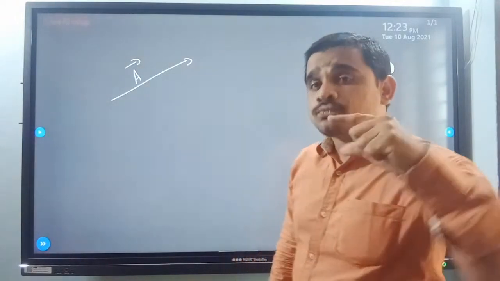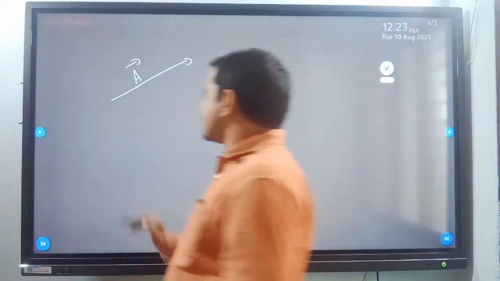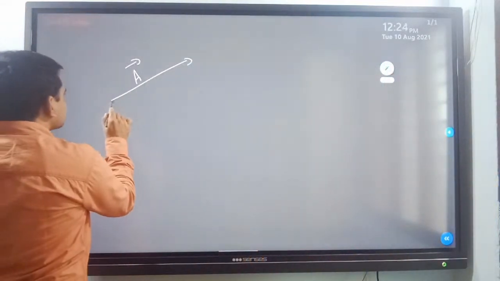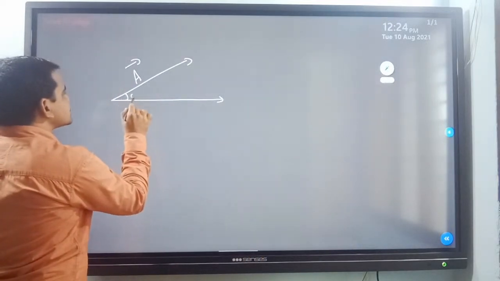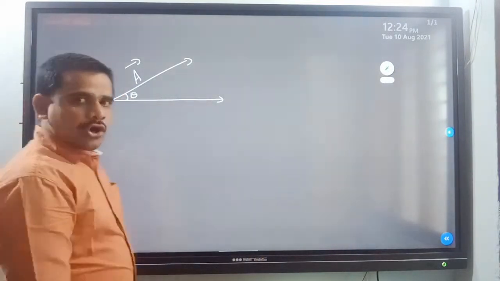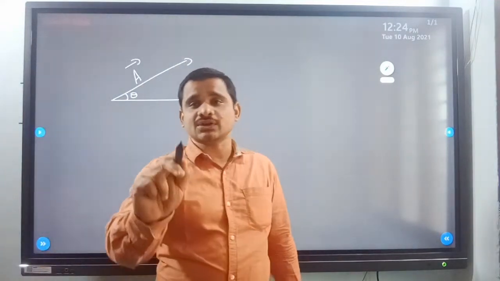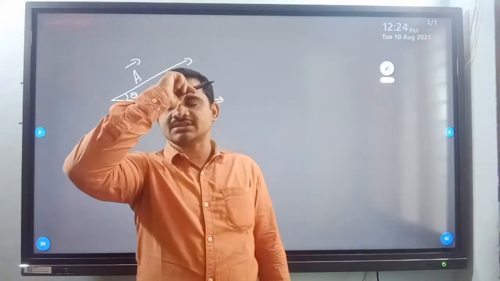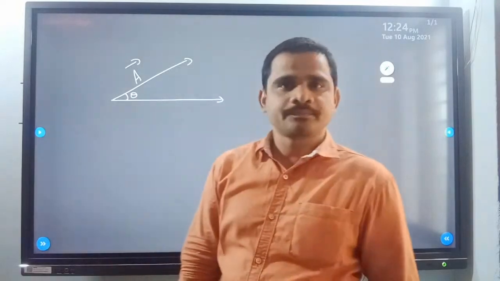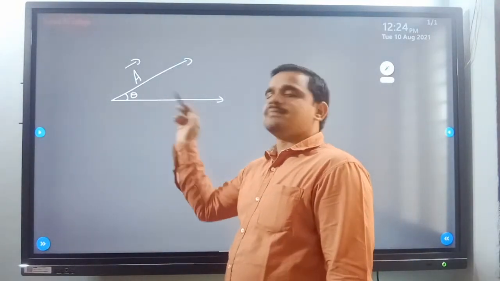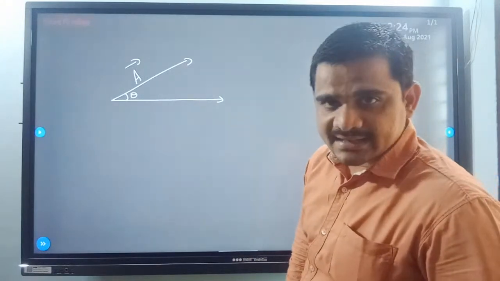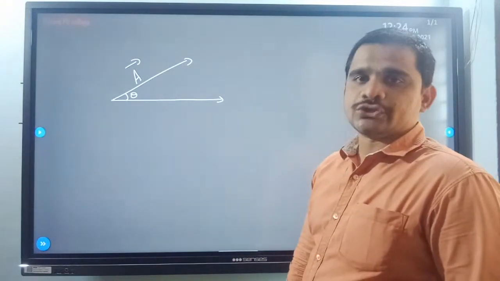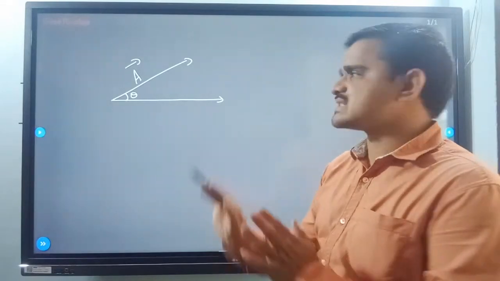So I calculate how much angle it makes with the x-axis. Let's consider the angle it makes is theta with the x-axis. Resolving the vectors is very important. Be careful. This A is making an angle theta with the horizontal.